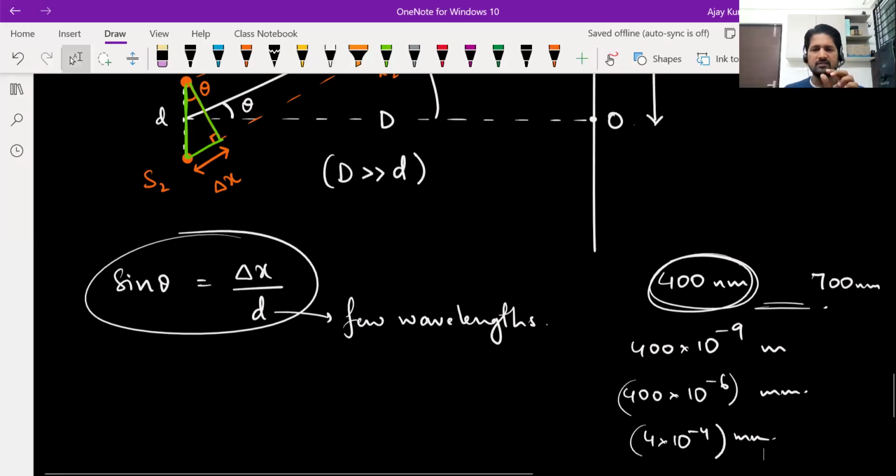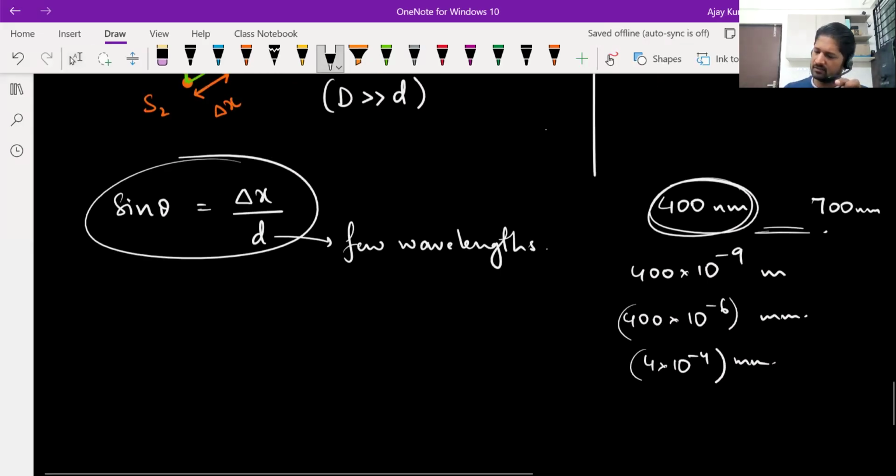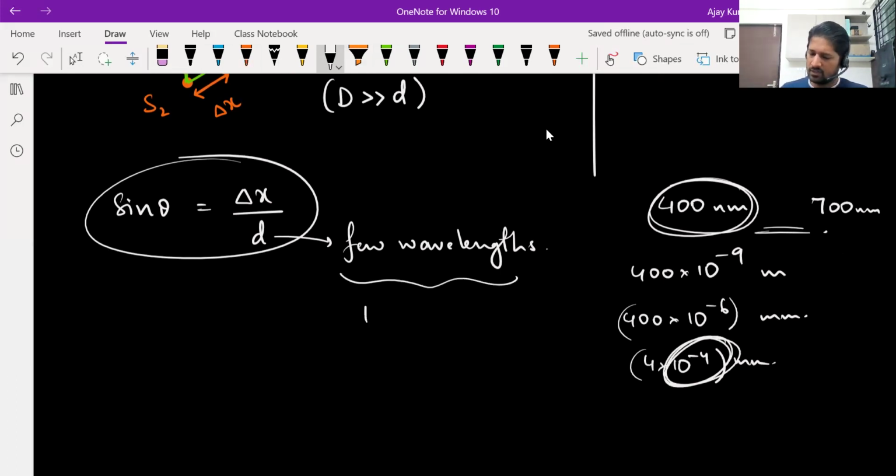Even if you keep the distance between the two sources as 1 millimeter, the wavelength of visible light is about 10 power minus 4 millimeters. So even if you maintain a distance of 1 mm, you will get around 10,000 wavelengths within the distance d. You can't practically maintain 4 or 5 wavelengths. Theoretically you can, practically it's not possible.